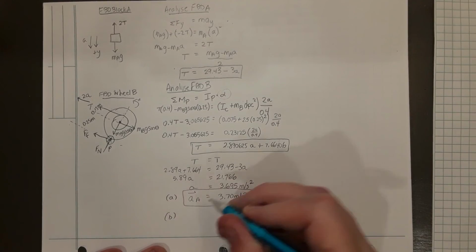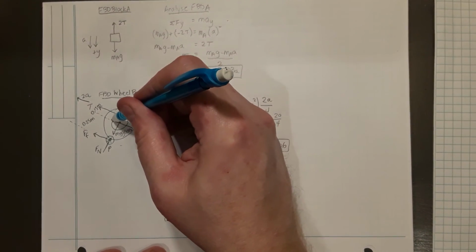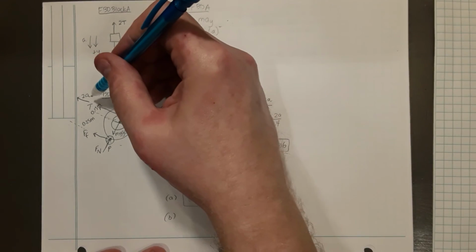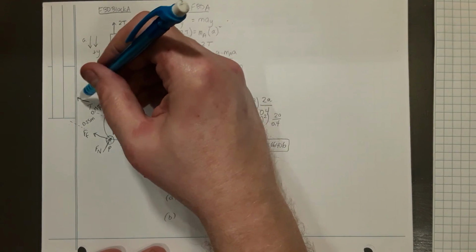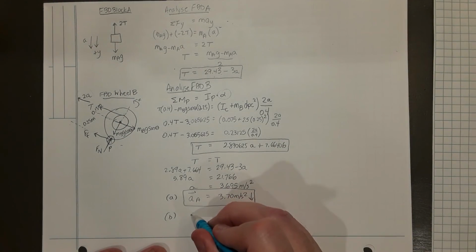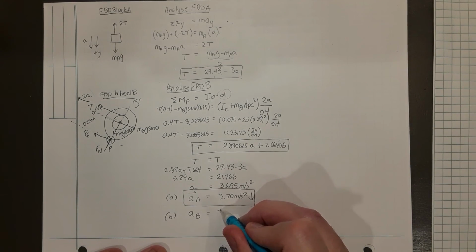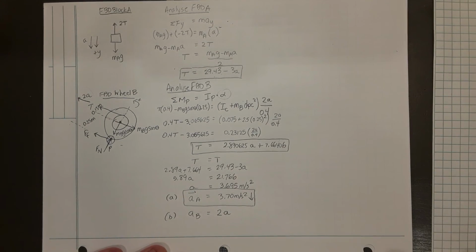Part B, the acceleration of the center of this wheel is going to be directed up the incline. It's going to be a portion of this acceleration at the top of the hub. And so the acceleration of point B is going to be some multiple of 2a.